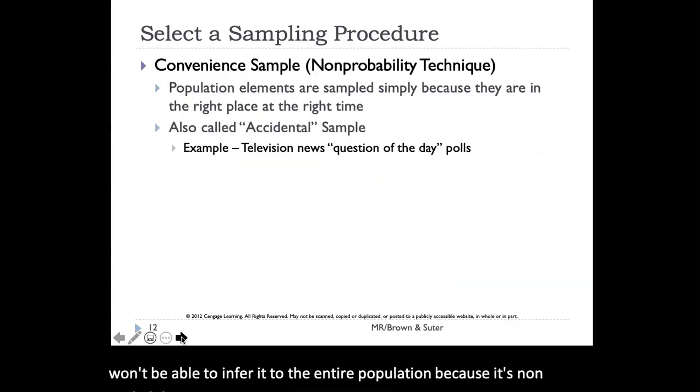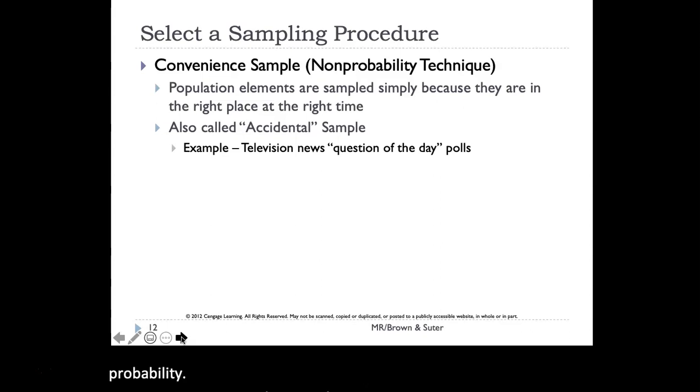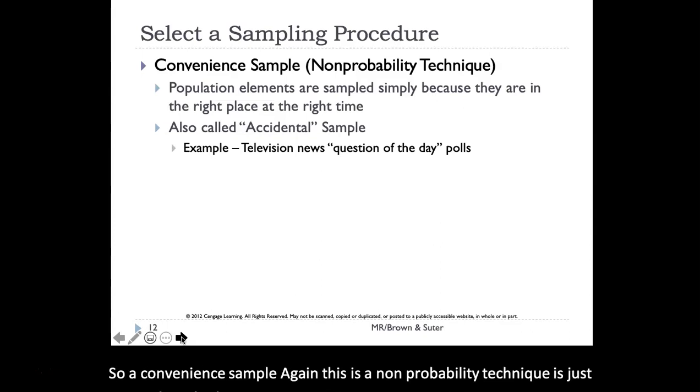So a convenience sample, and again, this is a non-probability technique, is just as it is described. It's for our own convenience. So if, let's say in the effort of saving time, we go out and we want to pose a question to some people on campus, and we position ourselves right outside the Falcon Center.